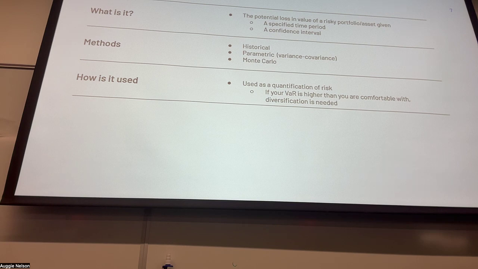The parametric and Monte Carlo methods are very similar. The parametric is also called the variance covariance method. One problem with the historical method is it doesn't factor in any sort of risk or volatility. The variance covariance method does. It factors in the standard deviation of your portfolio to account for some risk and handle weird events in your historical data a little better.